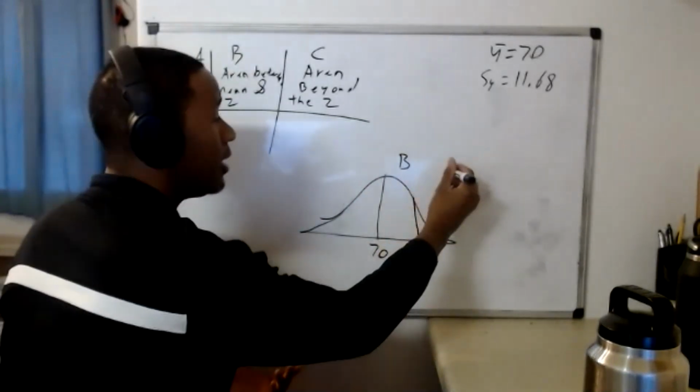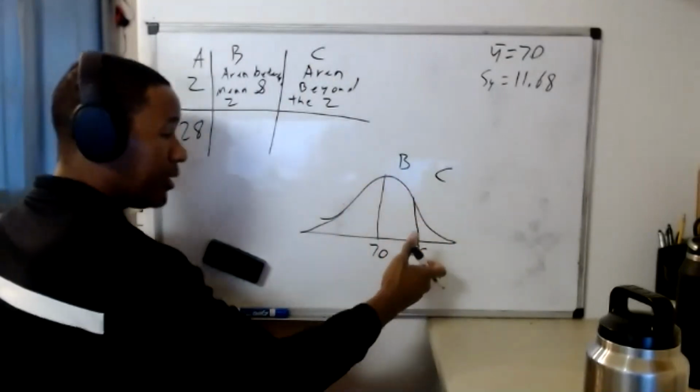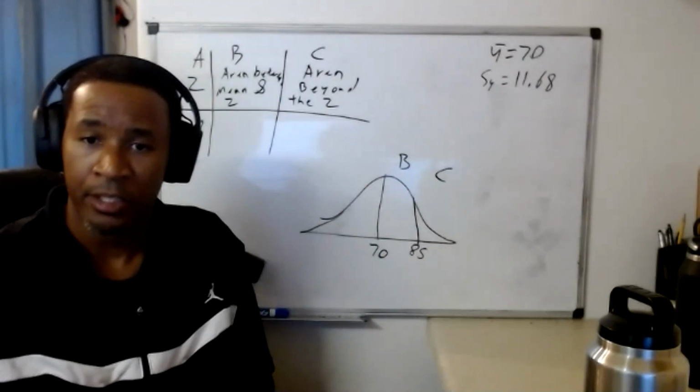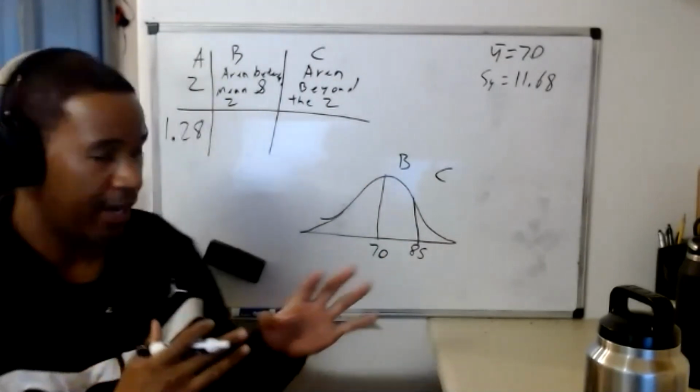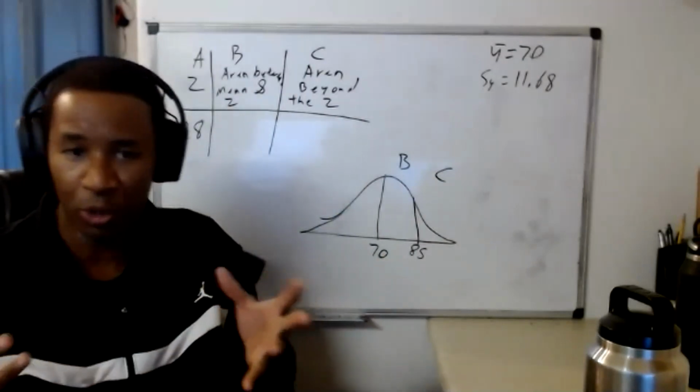And the C column is the area beyond that Z value, or beyond the score that corresponds to it, okay? So now that I have this drawn out, I know what I need to look at.